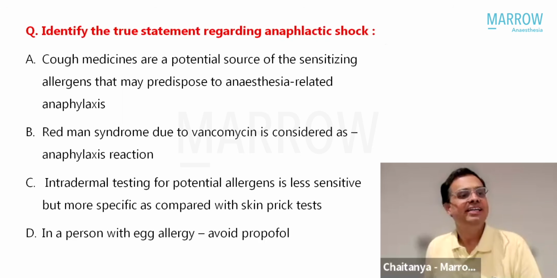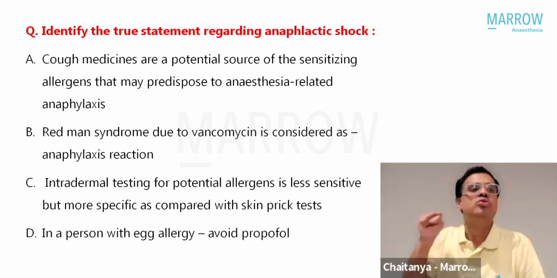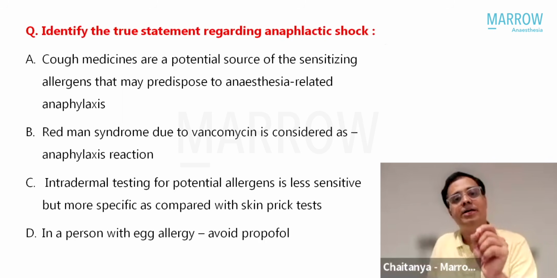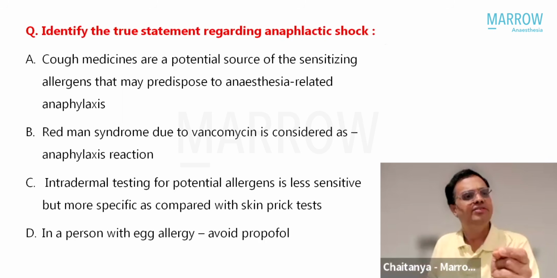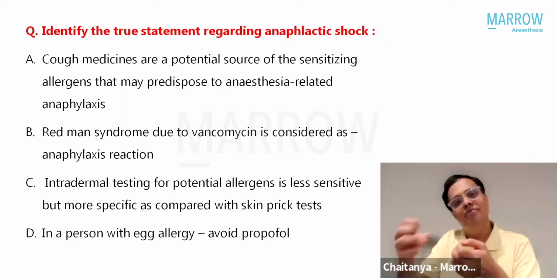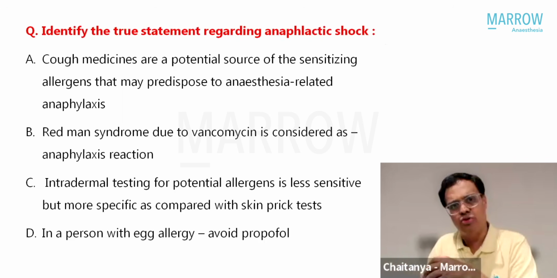Because Sugammadex is a cyclodextrin molecule which binds to steroidal hormones as well as steroidal NDMR. That's the reason why we use Sugammadex for reversal. Yes, gamma cyclodextrin molecule. It binds to vecuronium and rocuronium, and this combination will be eliminated through the renal route.